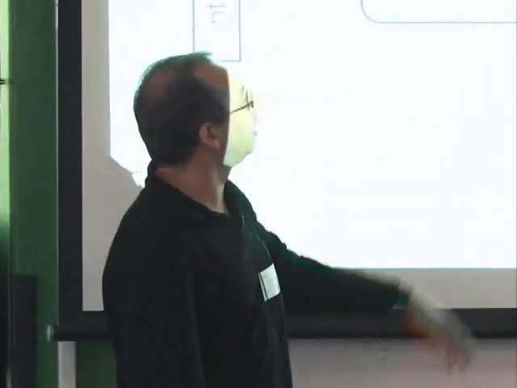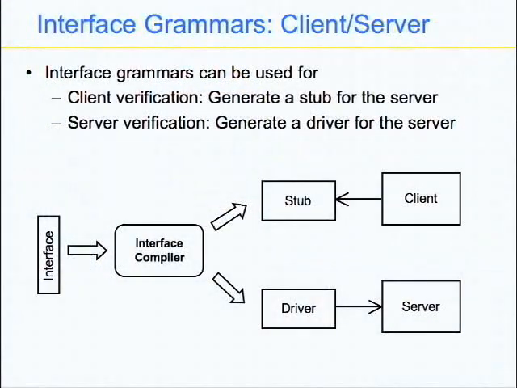So for the web services, what we did is based on this idea. Basically, there's a web service provided, right? There is a WSDL interface for this web service, let's say. We write this interface for the web service using an interface grammar.